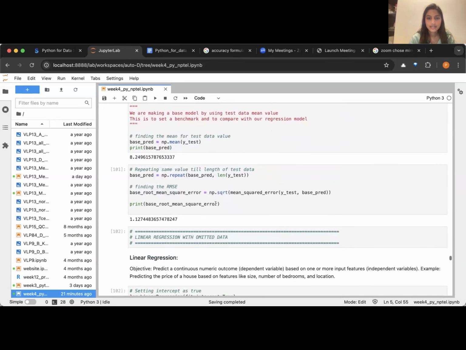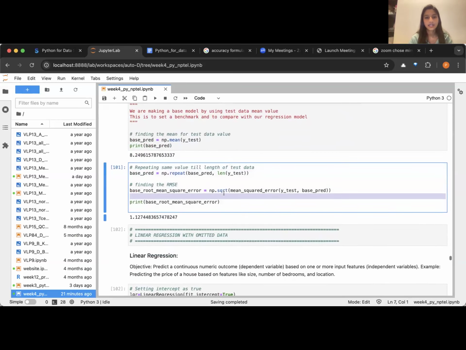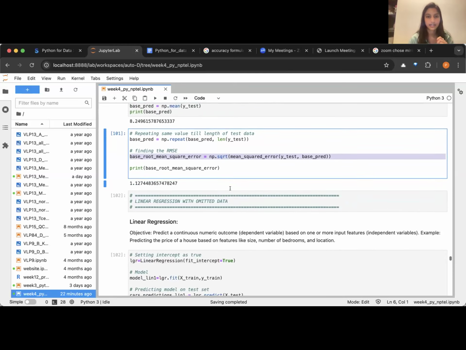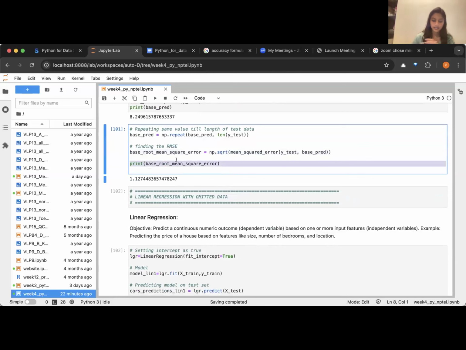Earlier we saw something called accuracy. Here we are looking at something called root mean square error. Root mean square error is basically how much the point deviates from the fit line, the trend line.